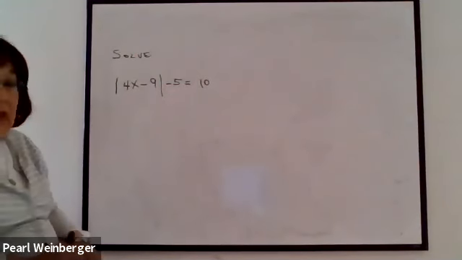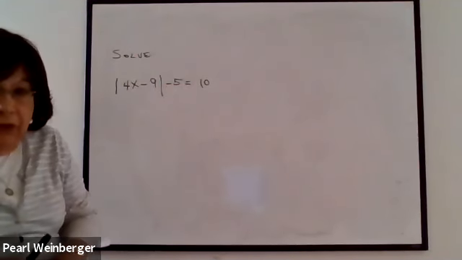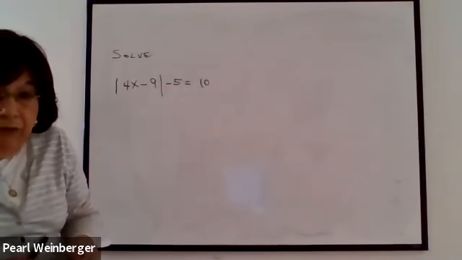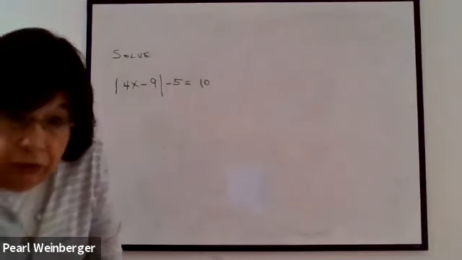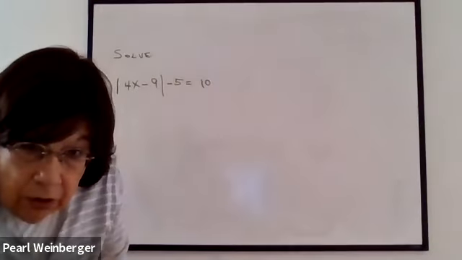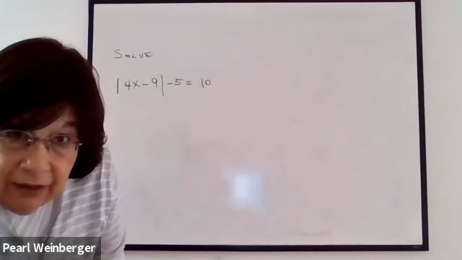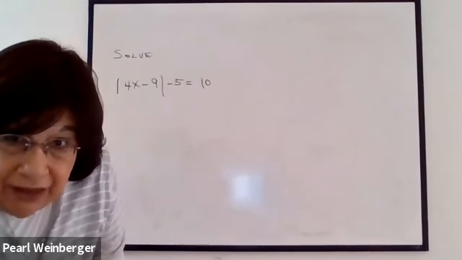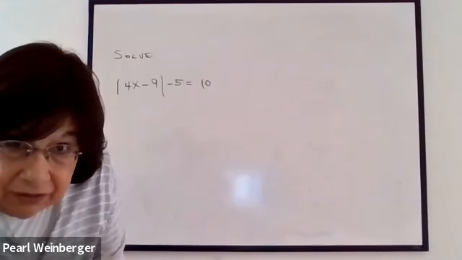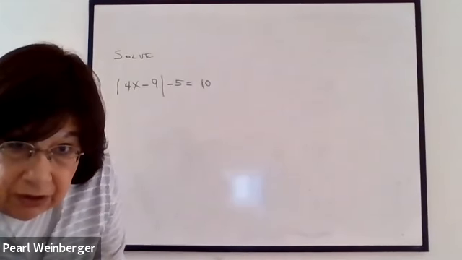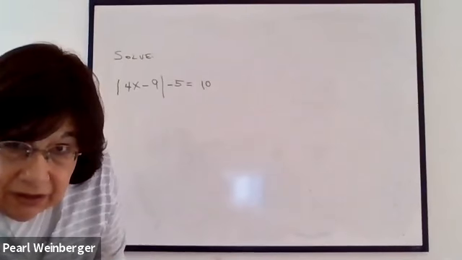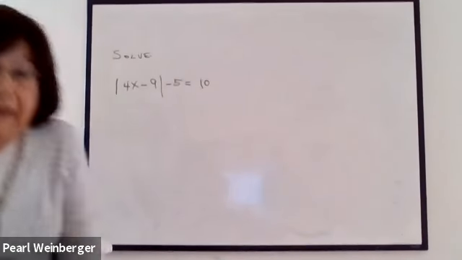And we have to solve this absolute value equation and remember how to go about doing that. I see a bunch of people already have done it, and it looks like there are some good answers there. So let's do it together.